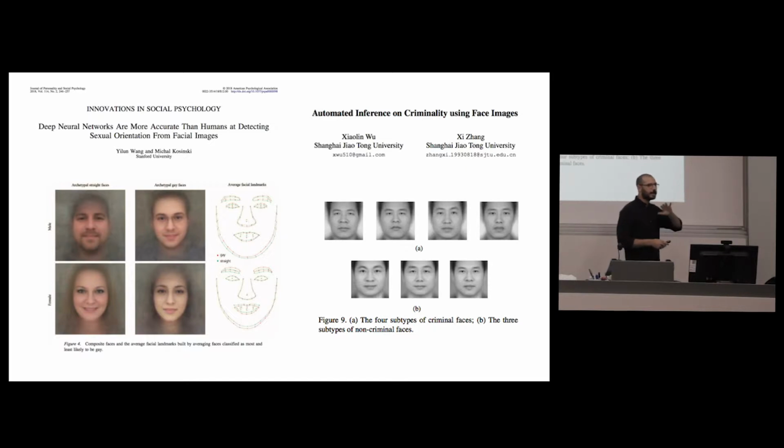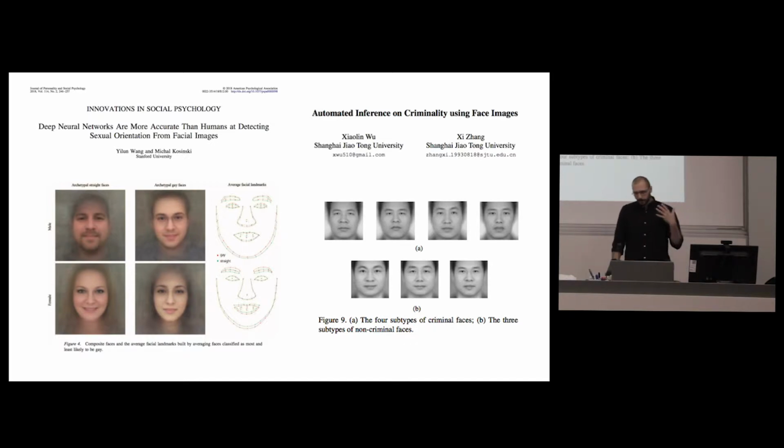So these are two now very, very notorious articles. The authors of these papers claim that they've been able to build machine learning classifiers that can analyze images of people and determine to a high degree of accuracy, on one hand, the sexual orientation of a person, and on the other hand, the criminal propensity of a person.